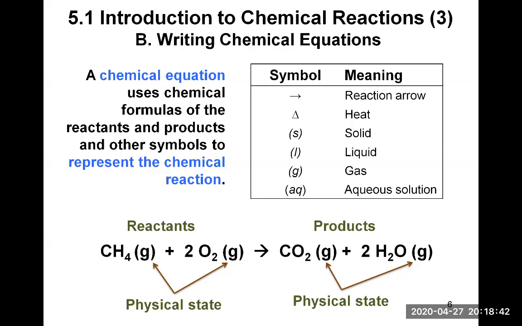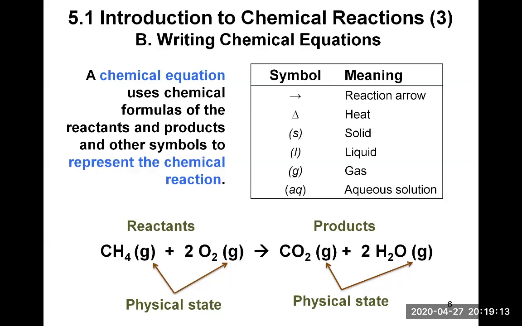You see the formulas, and you are familiar now with chemical formulas. Then to the right of the chemical formula, you see letters in parentheses. These represent the physical state of your substances. The convention is, (s) represents a solid, (l) a liquid, (g) a gas, and (aq) aqueous solutions.